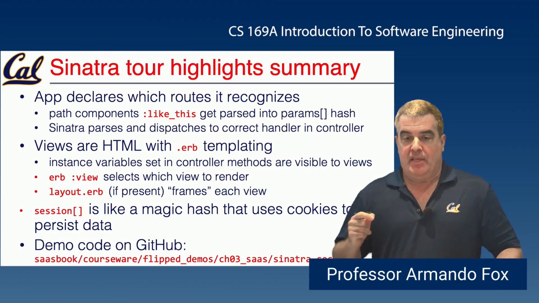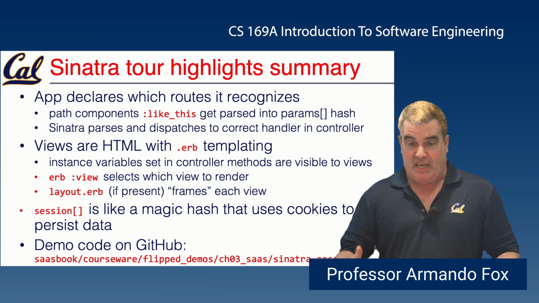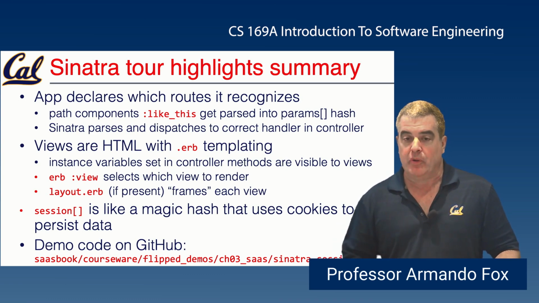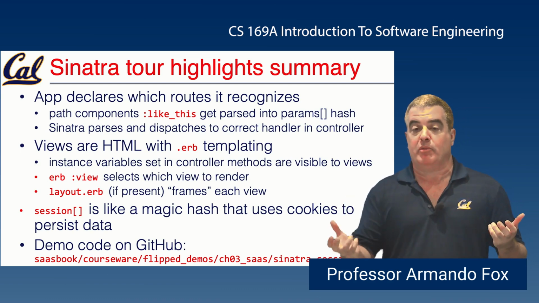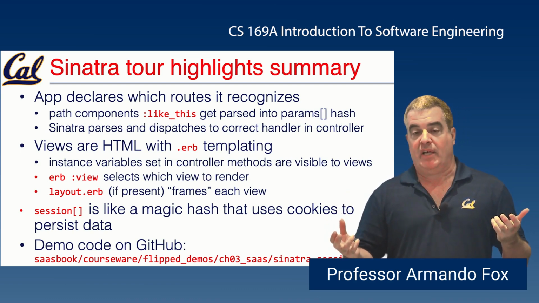Now, from a sort of pure object-oriented perspective, this might strike you as weird, because if you think for a minute about object-oriented design, it's hard to imagine that the blocks of code in my Sinatra app.rb are somehow members of the same kind of class as the thing representing a view. I mean, they're just too different from each other. What actually happens in this case, and this happens in Rails as well, is that the designers of Sinatra thought it would be nice from a programmer's point of view if you could just set some variables in the controller method and have those variables be available to the view, even though it's a completely different class.